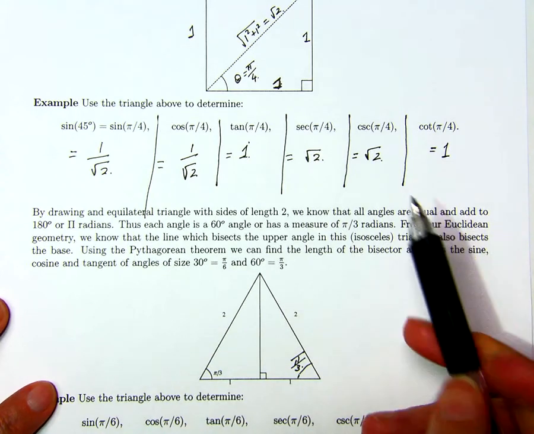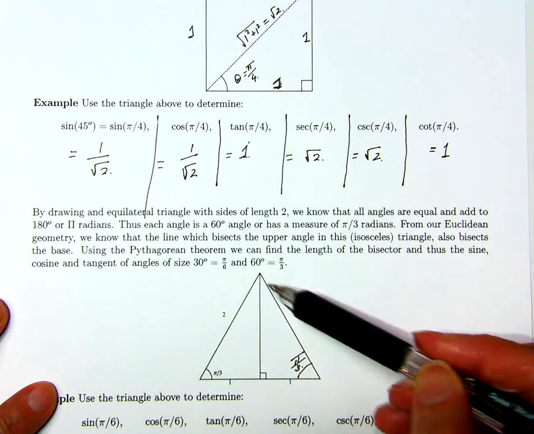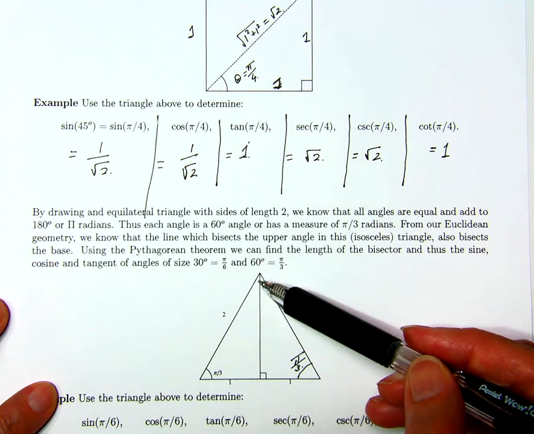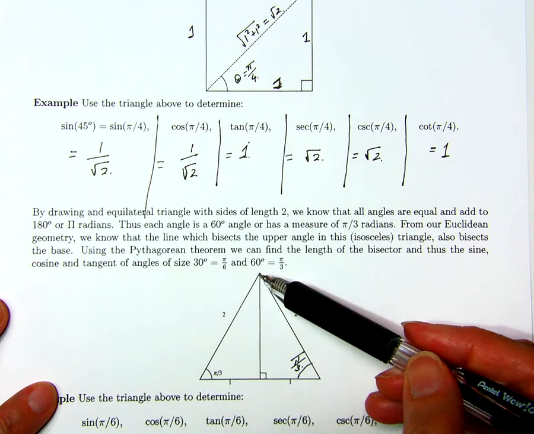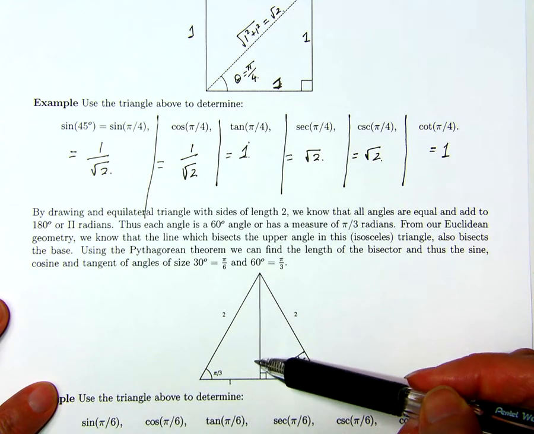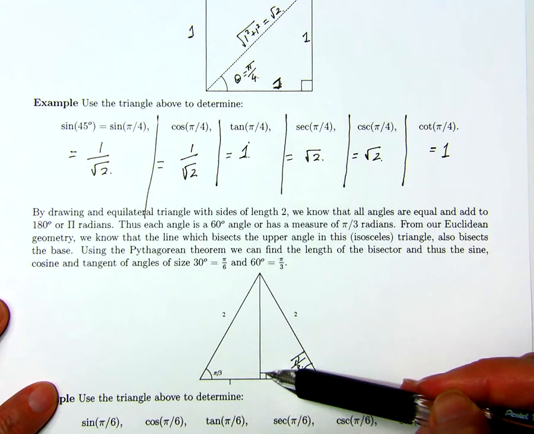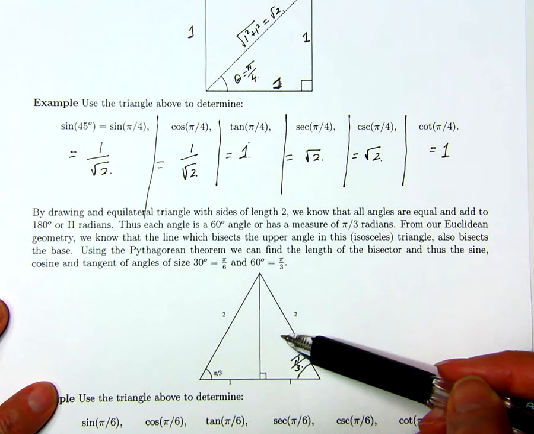And now from Euclidean geometry, because this is also an isosceles triangle, we know that if we bisect this angle, the line which bisects this upper angle also bisects the base and cuts the base here at 90 degrees.